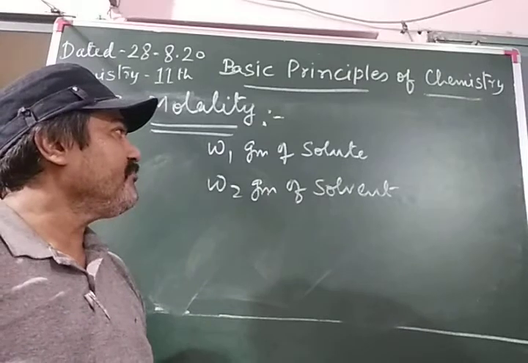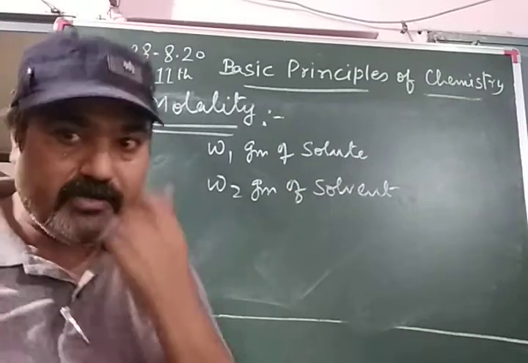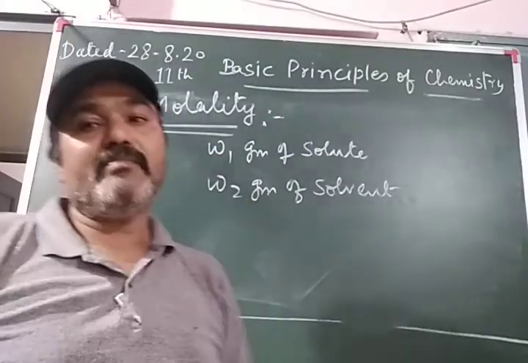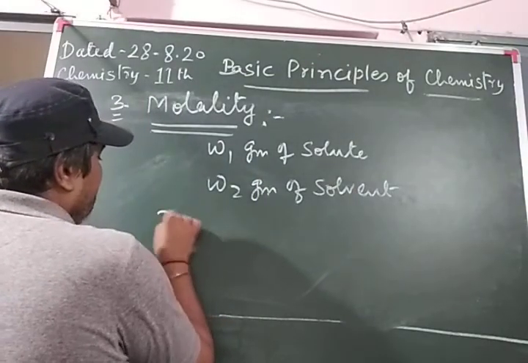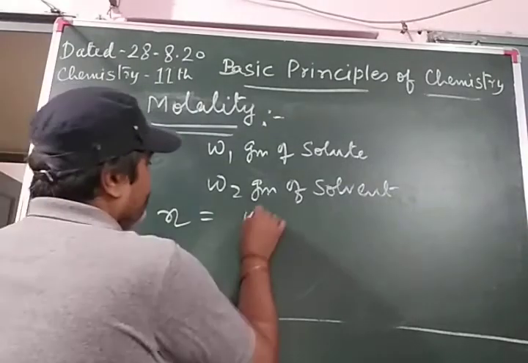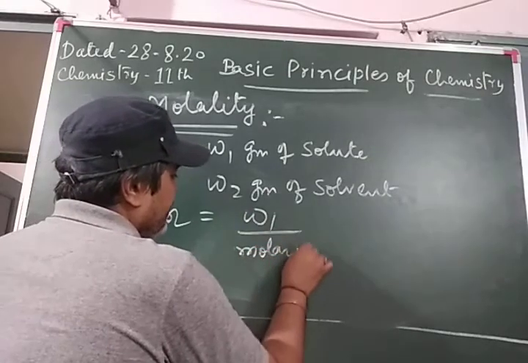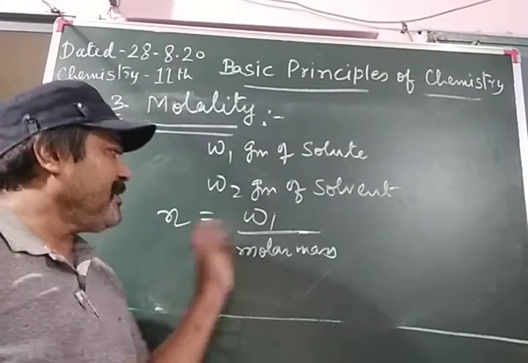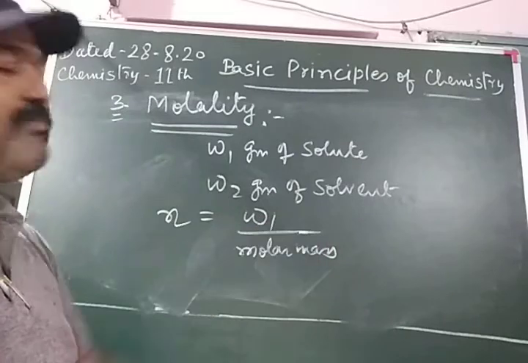So first we will find out the number of moles of the solute and that is equal to the mass given divided by the molar mass of the solute. Okay. Let the number of moles be N, and this N is equal to W1 divided by the molar mass, ऐसे लिख देते हैं, ठीक है. सो दिस एन इज द नंबर ऑफ मोल्स ऑफ द सॉलिड डिजॉल्व्ड इन W2 ग्राम ऑफ द सॉल्वेंट.